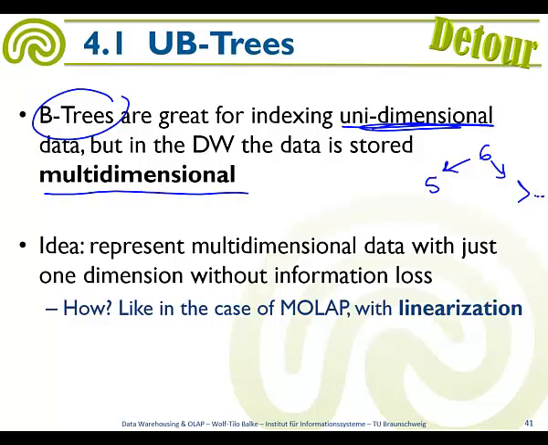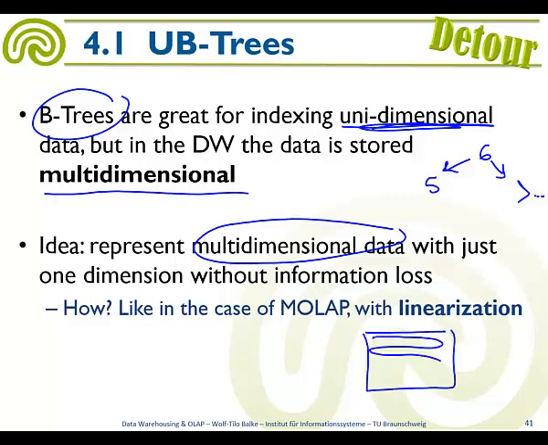The idea was basically, we want to take the multidimensional data and somehow do a kind of transformation on the data. In the last lecture we saw, when we had the product and the time dimension, we took it as arrays and we linearized it, and then we had these sequential reads, which was good in one dimension, and the other dimension didn't work very well when the query came on the dimension that was not linearized.